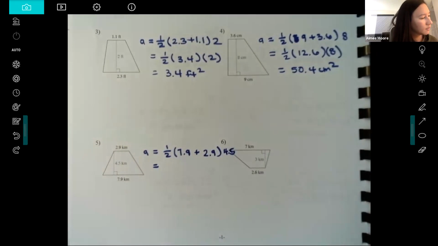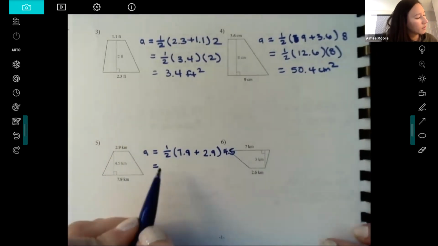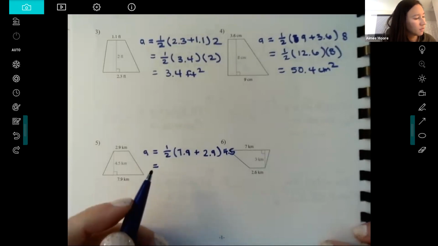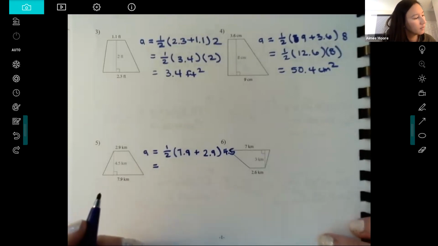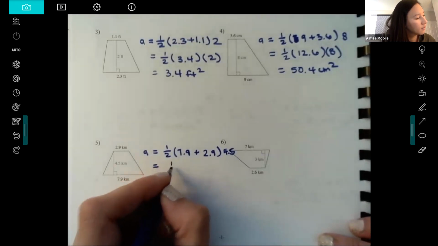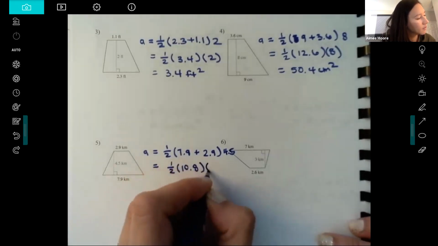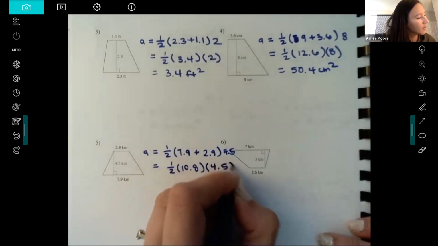And then let's see. 10.8, and then 10.8 times 4.5. Very good.